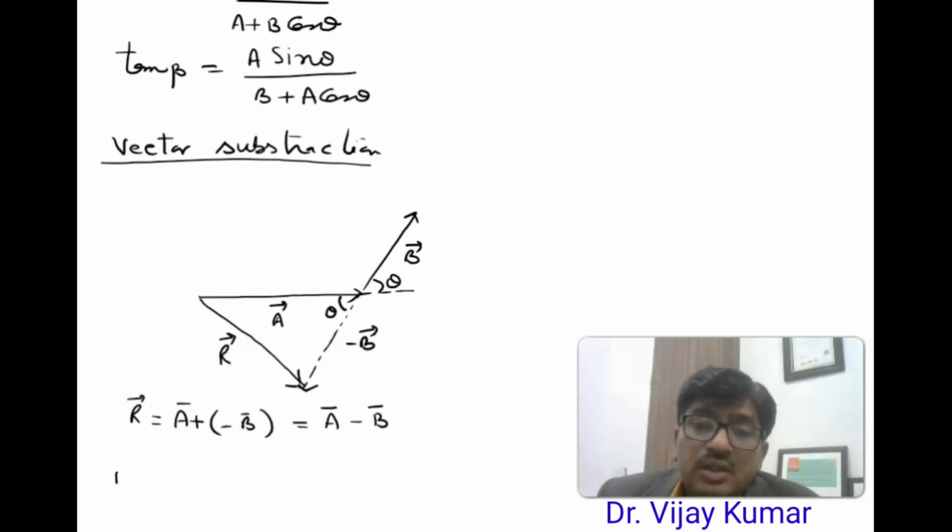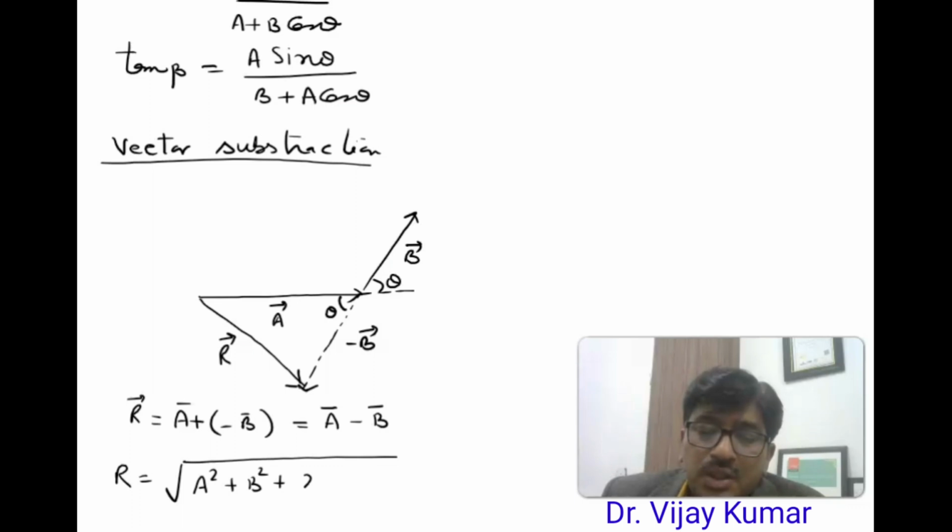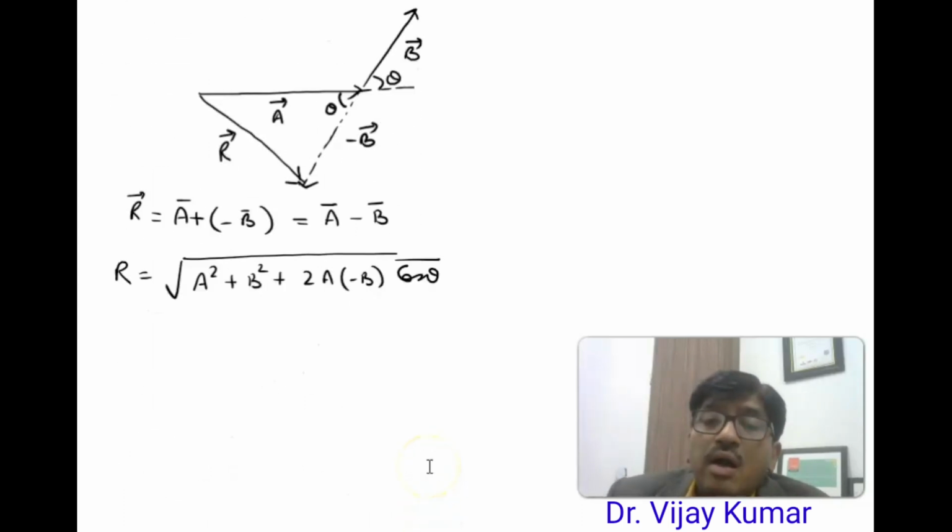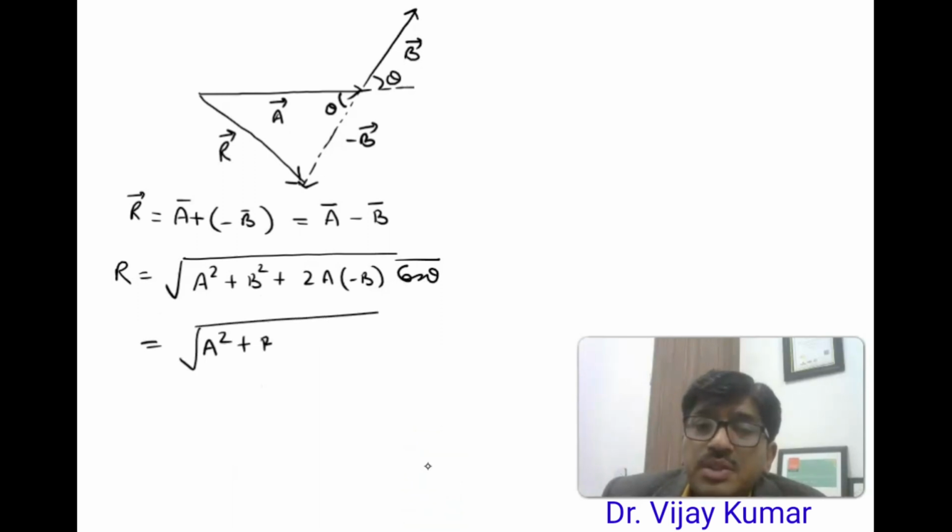And we know that the resultant is under root A square plus B square plus 2 A into minus B into cos theta, and it should be under root A square plus B square minus 2AB cos theta. This is the resultant.